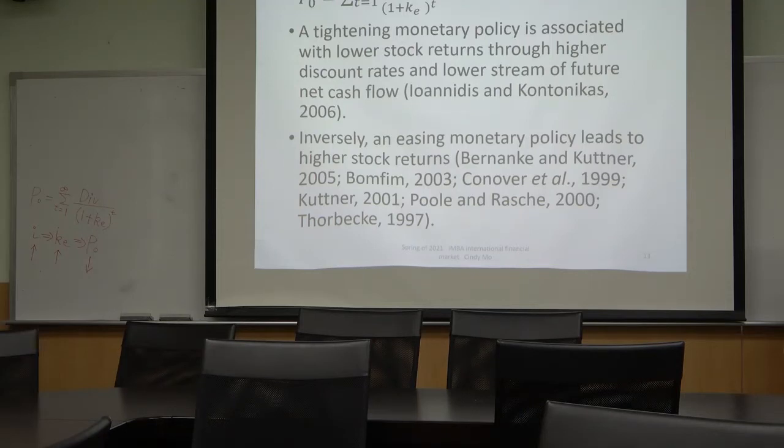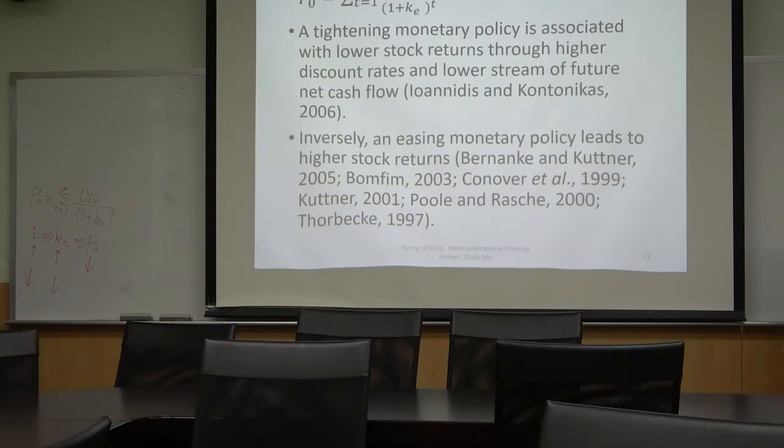Inversely, if now the Federal Reserve or central bank conducts an easing policy, an expansionary monetary policy, so they cut the rate, then investors might require a lower rate of return on stocks.